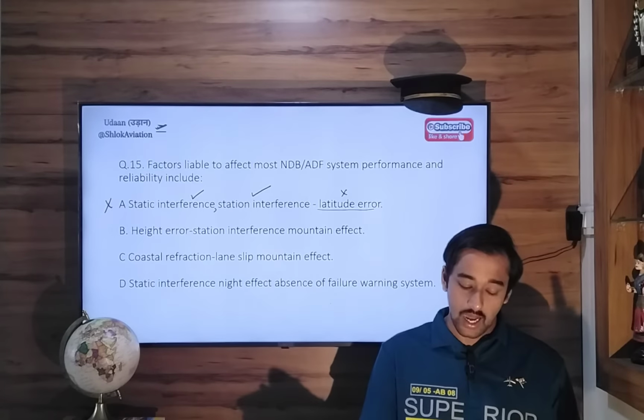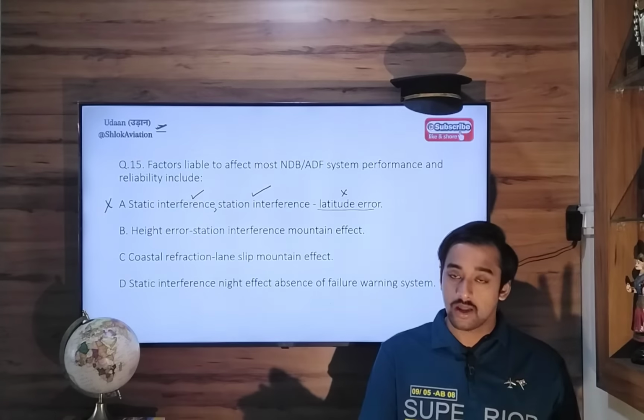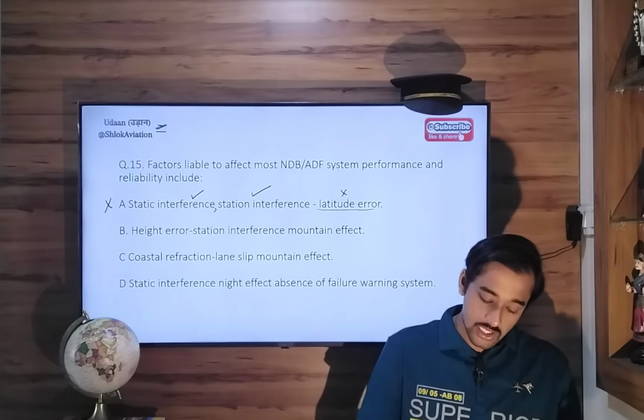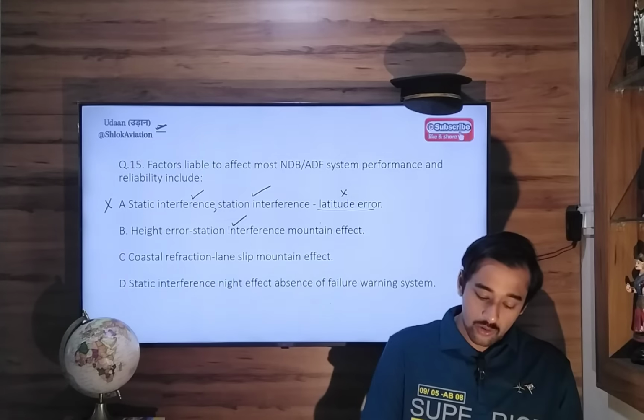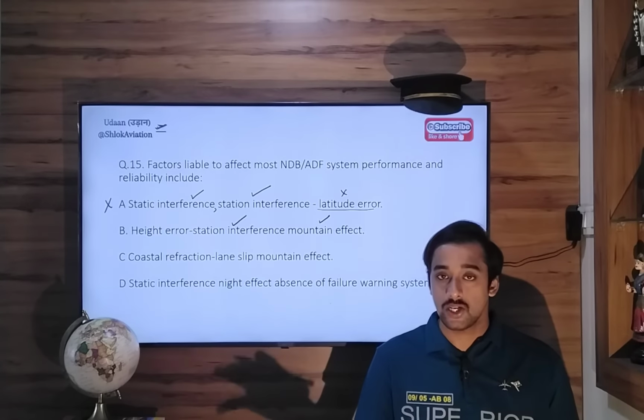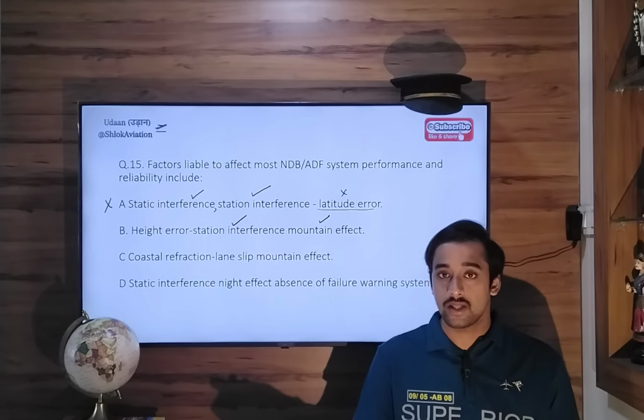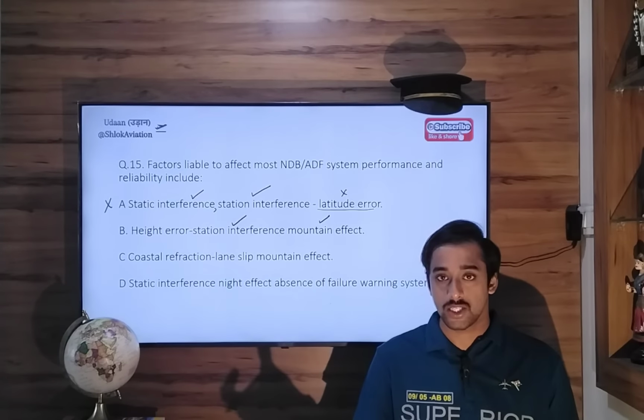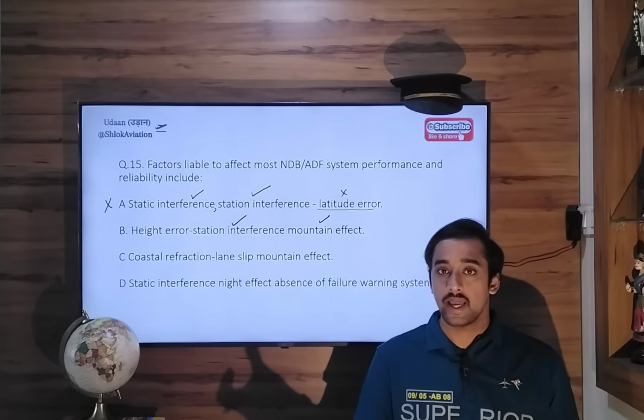Option B says height error, station interference, mountain effect. Station interference, yes. Mountain effect also yes, because if there are mountains around the NDB station, the signals will collide with them and there will be no surface wave propagation, and that's why we have bearing errors.